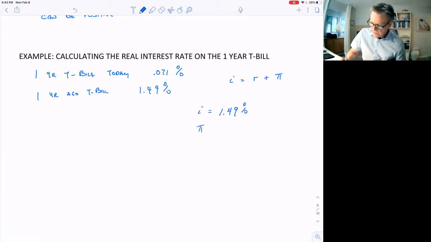The inflation rate over the last 12 months, we looked it up on that link that you have available to see what the inflation rate is. The inflation rate was 1.4%.